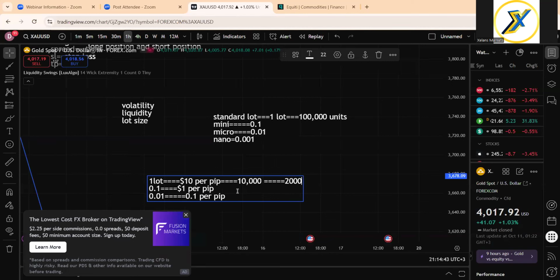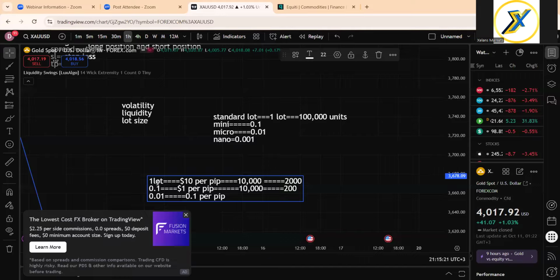If gold moves 200 pips in the opposite direction, you could still lose the same. So you ask yourself, am I ready to lose this much? So you could have this big account and just decide, let me use a lot size of 0.1 so that if gold moves my side, I can make $200 from the 200 pip movement. And if it doesn't move my side, I only lose $200 and my account is at 9,800 instead of 8,000.